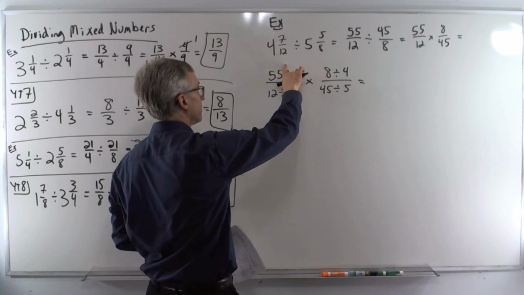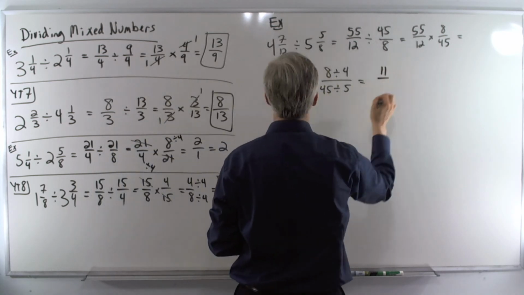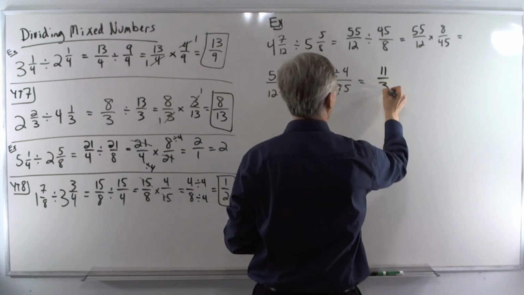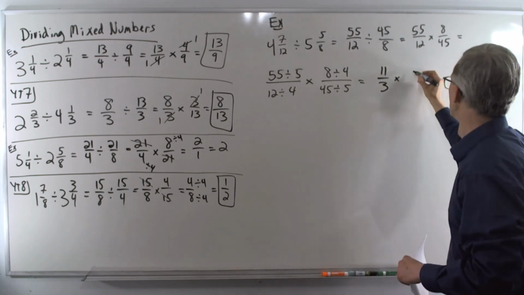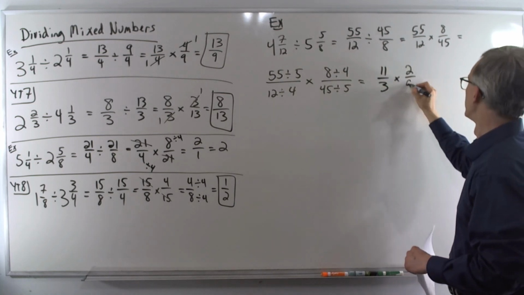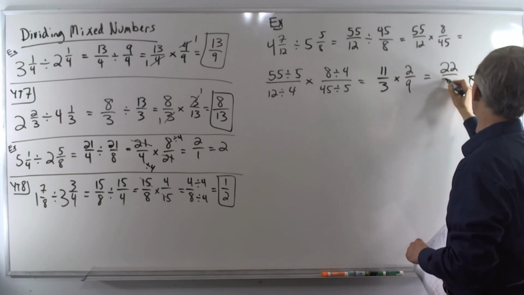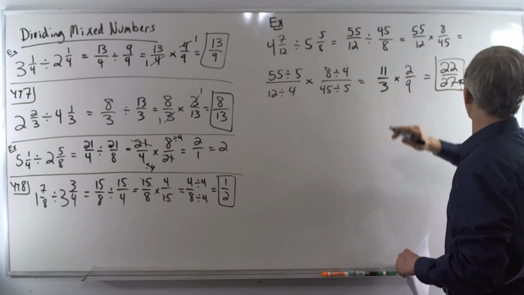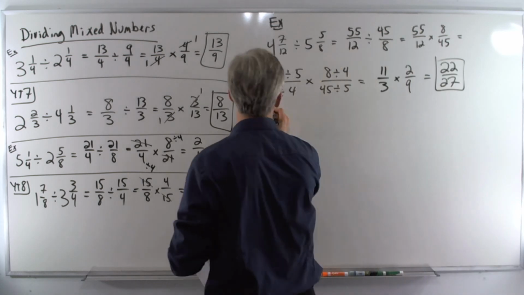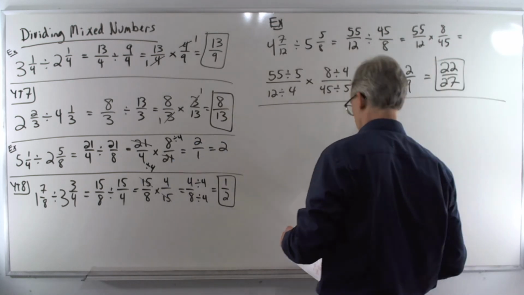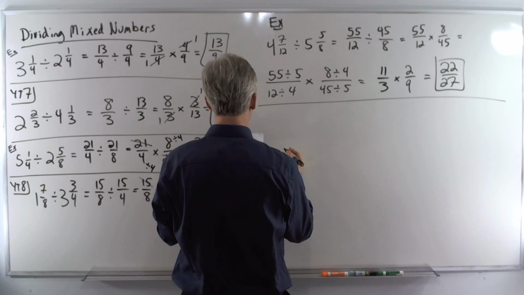So that'll produce 11, 3, 2, and 9. Multiplying, 22 over 27. Your turn, number 9.